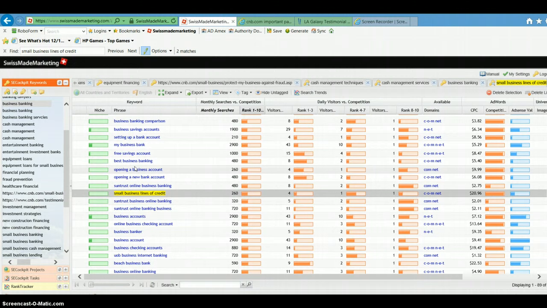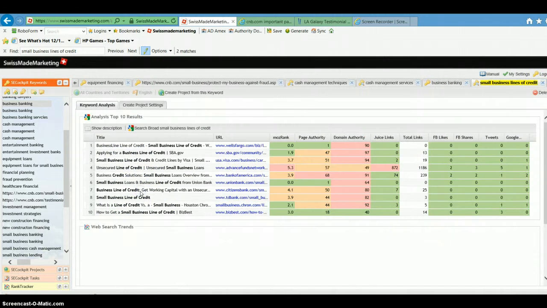After analyzing many of these keywords, it's apparent that many of them have very competitive sites ranking. So this keyword, small business lines of credit, if I actually look at the competition, even though there are several sites that are very competitive, the page authority on the last 4 isn't as high, and these are not the highly authoritative, highly well-known websites like Wells Fargo, SBA.gov.